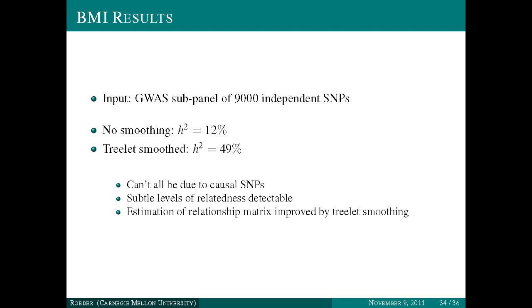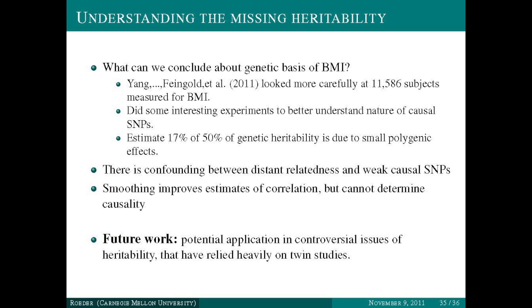I mean, we found all the heritability, and we used just some of the SNPs. We used 9,000 of them. So does that mean any of the things that they said about height, about the missing heritability? Do we learn anything about that? We certainly learn that smoothing helps us to recover heritability, but what does it mean?